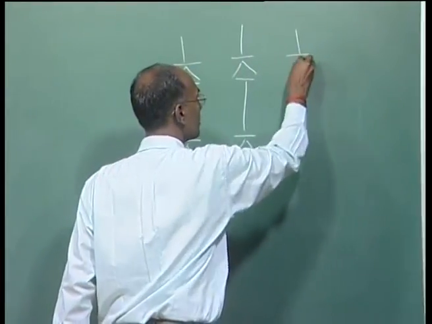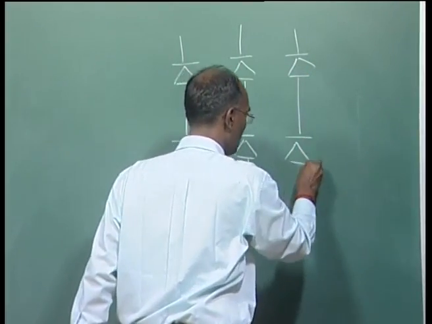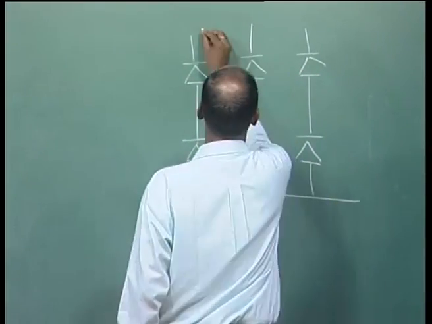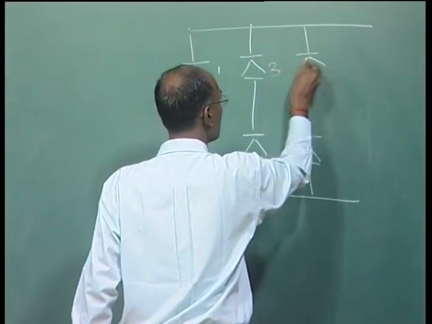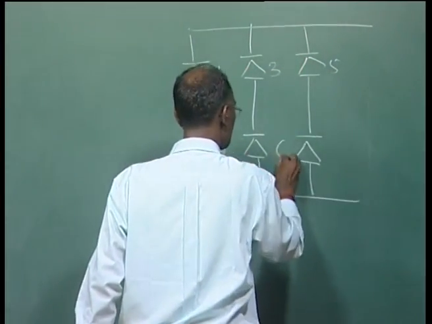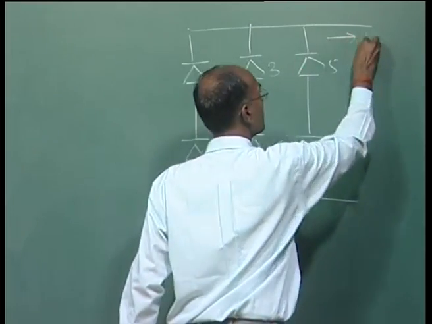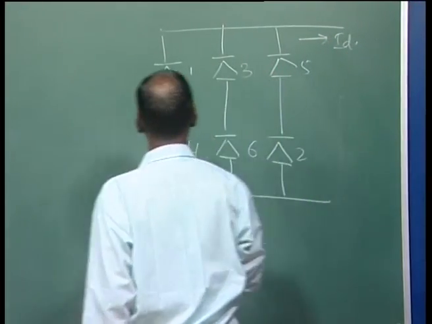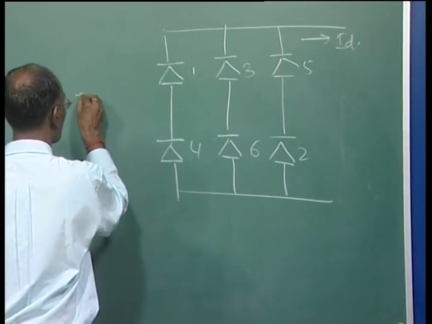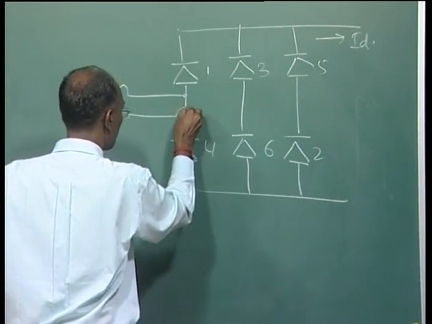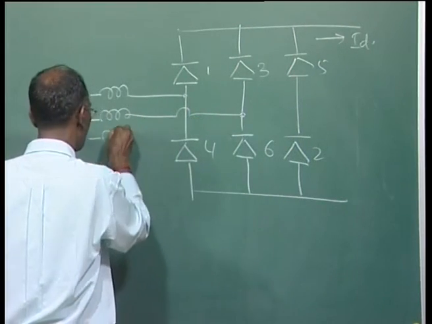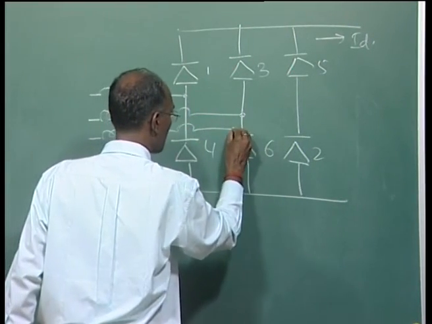So, this is your bridge rectifier, or now I can say converter. This is 1, 3, 5, 4, 6, 2. Here we are assuming the DC current is constant and flowing, and we have phase A, phase B, and phase C connected like this.